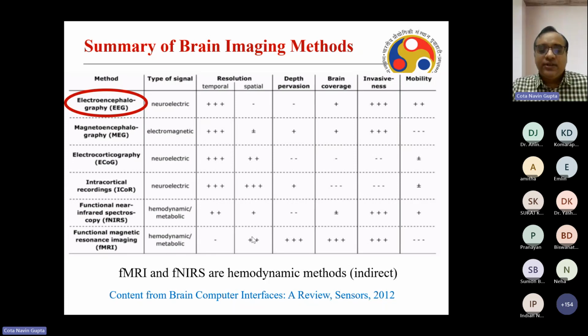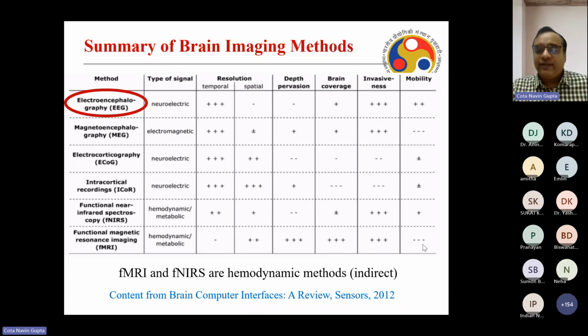The spatial resolution is pretty high, but the temporal resolution is slightly impaired when compared to electroencephalograms. The depth of analysis is much higher in fMRI than in electroencephalogram. Again, the brain coverage is high in fMRI when compared to electroencephalogram.